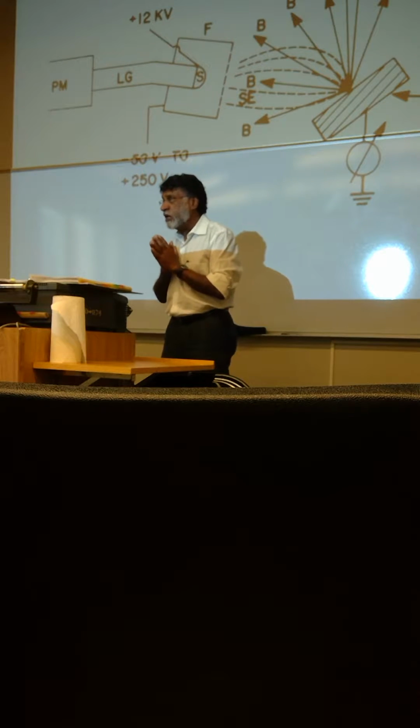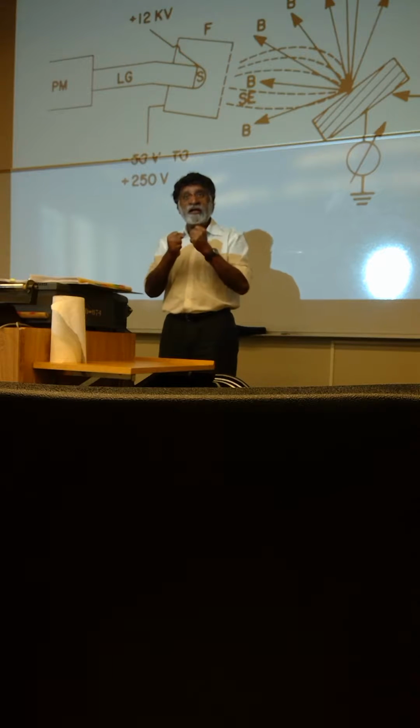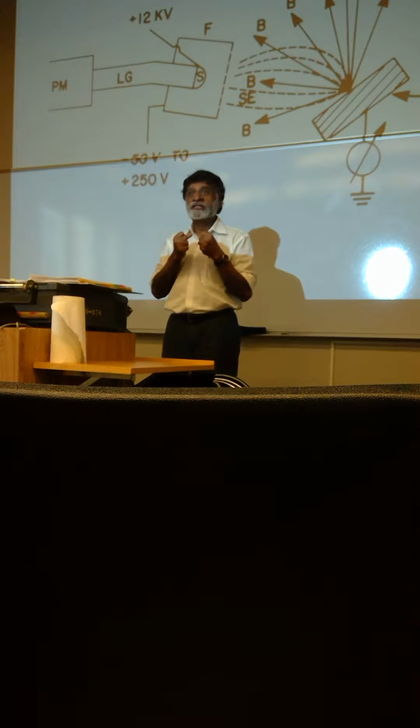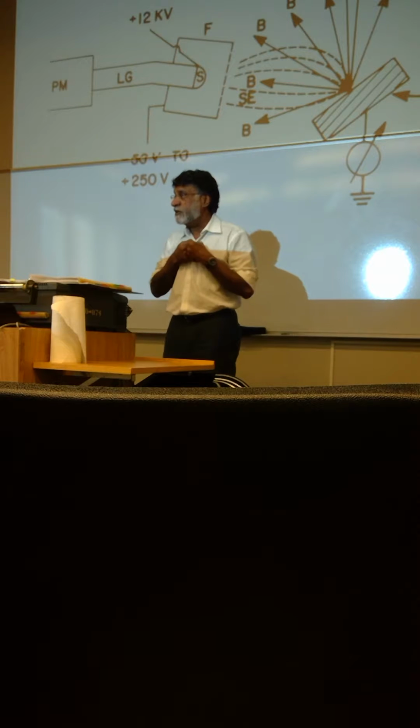The secondary electrons have low energy, so your detector needs to attract and grab these low energy electrons and create an image. The backscattered electrons have high energy because they are essentially the same incident electrons being backscattered from the sample.